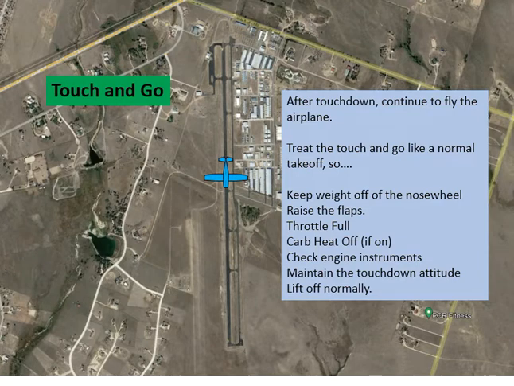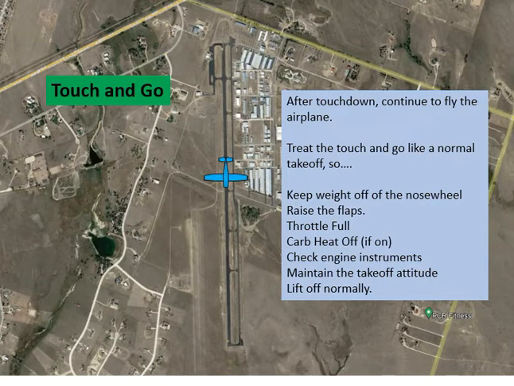Checking engine instruments, right? We want to make sure that the RPM is where it's supposed to be, not above the limits. We want to make sure oil pressure is in the green, temperature is still in the green, everything looks good. Maintain that takeoff attitude. Takeoff. You get to see a correction here, real time. Maintain that takeoff attitude. Just like on your normal takeoff back home before you got to Meadow Lake, when you were at VR, you didn't just rotate and rip the plane off the ground.